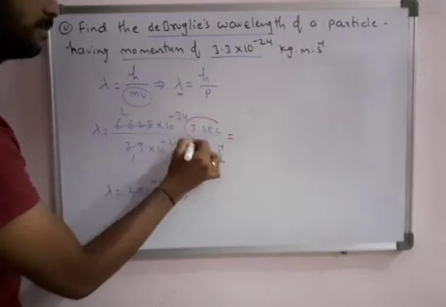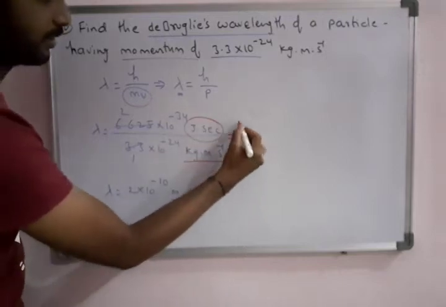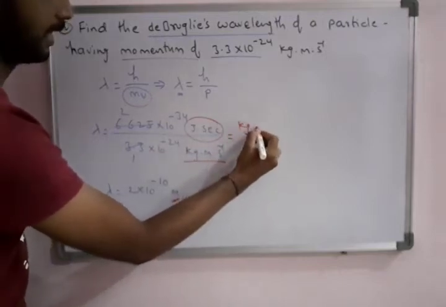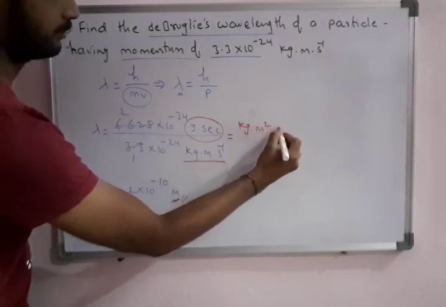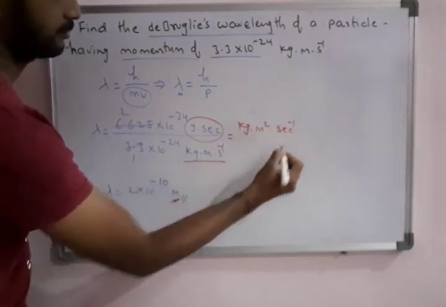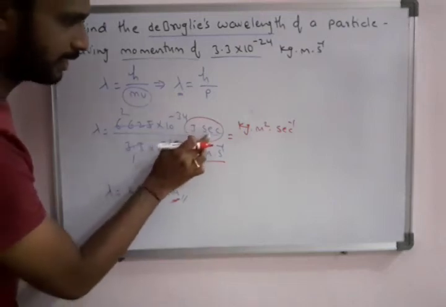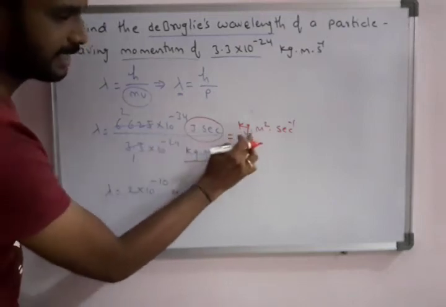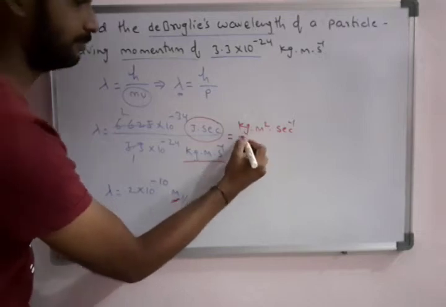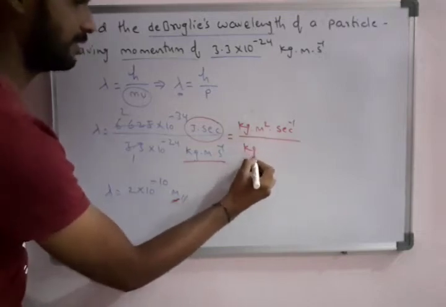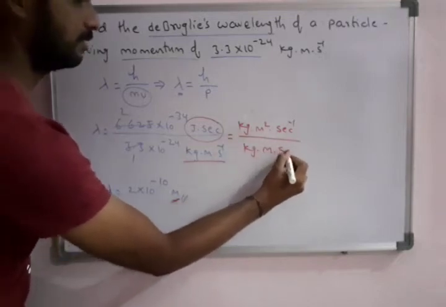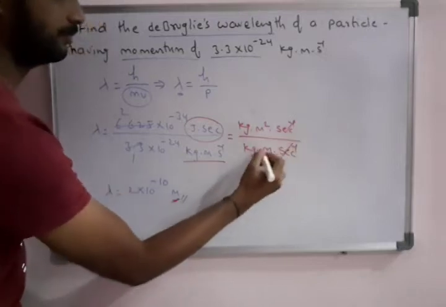In the place of joule into second, actually we can write kg meter square second inverse. By expanding this joule and making it into second, we will get kg meter square per second, and the momentum is given as kg meter per second.